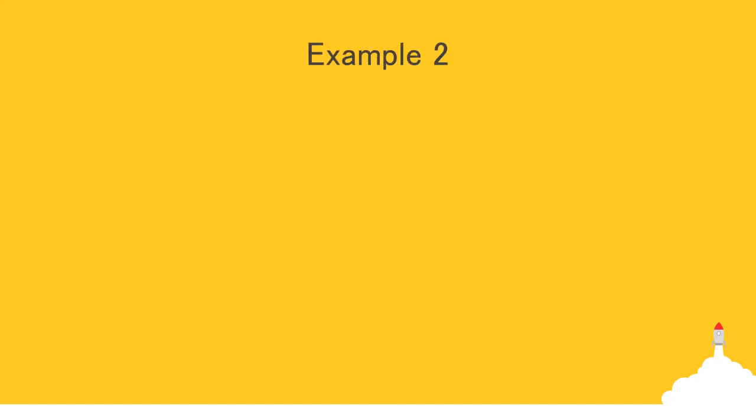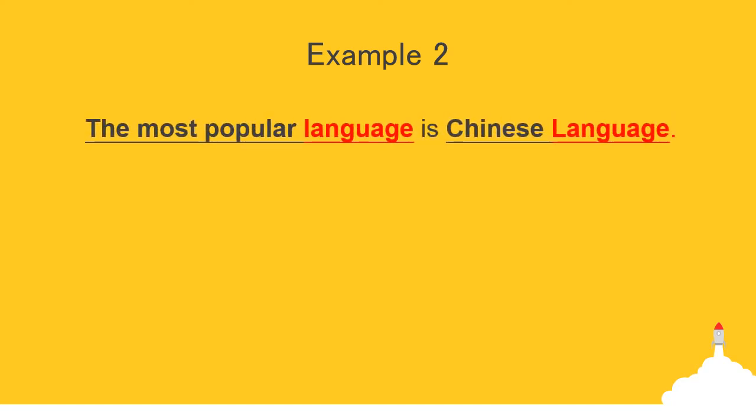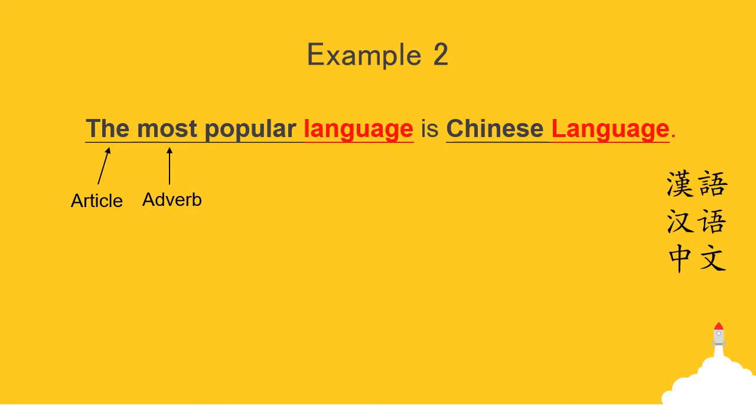Let's take a look at example 2. The most popular language is Chinese language. The is an article. Most is an adverb. Popular is an adjective.